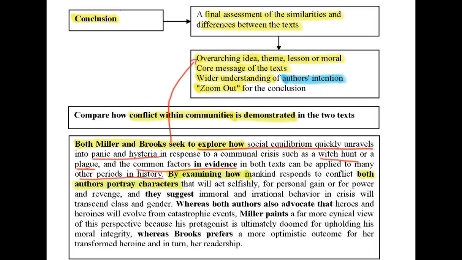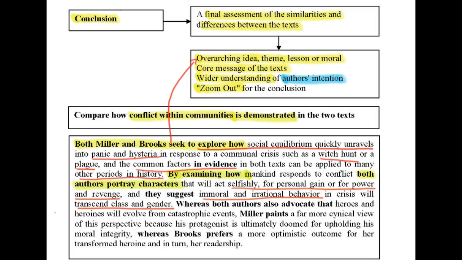So again, what we do here is go back to the key idea from the topic sentences which we derived, but then we extend it, saying that immoral and irrational behavior in crisis will transcend class and gender. It doesn't matter your social status, your socio-economic status in the community. When there is conflict and social hysteria, those things don't matter.